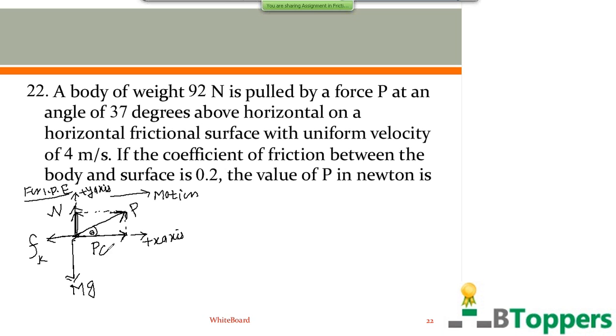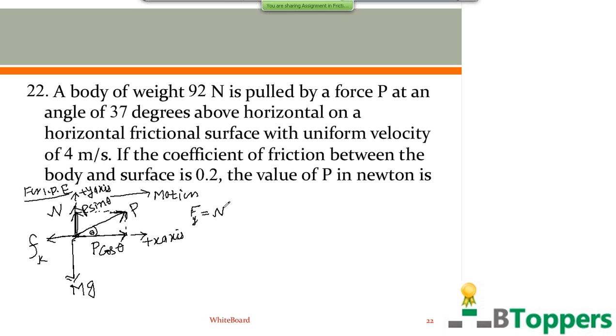The horizontal component of the pulling force will have magnitude P cos theta. The vertical component of the pulling force will have magnitude P sin theta. So we have to find the magnitude of the normal reaction here. To find the magnitude of friction on the block, let Fy denote the magnitude of the vertical component of the resultant force on the body.